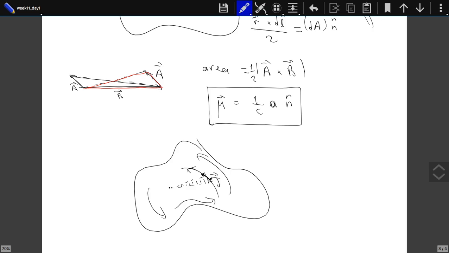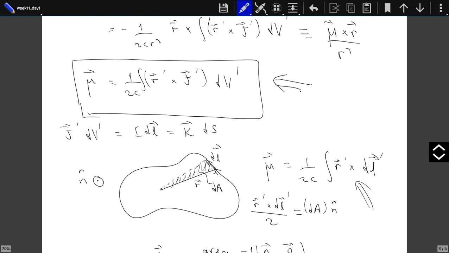And the contribution of that very small and very thin segment to the magnetic dipole moment will be just the area times the current, the very small current running through that very thin and very small segment in the direction of the area vector, corresponding again to that very small segment.